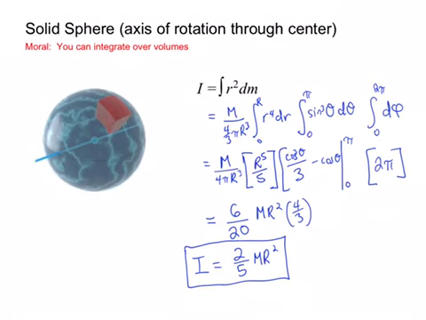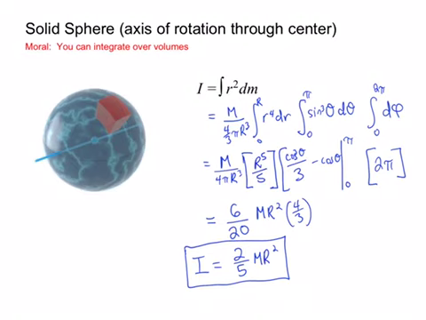Several derivations for moments of inertia of different mass distributions. I hope this helped you understand how to set up these integrals a little better. I personally think that if you want to get good at this for your class, you should rewind this a few times and make sure that you can follow along with each step and that everything makes sense.